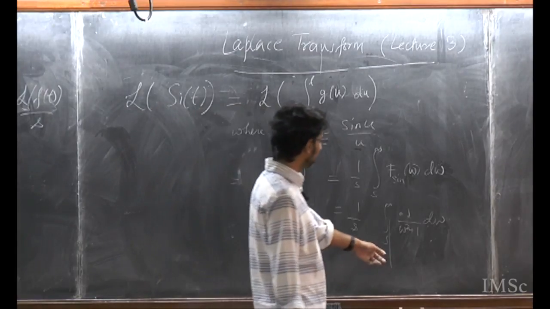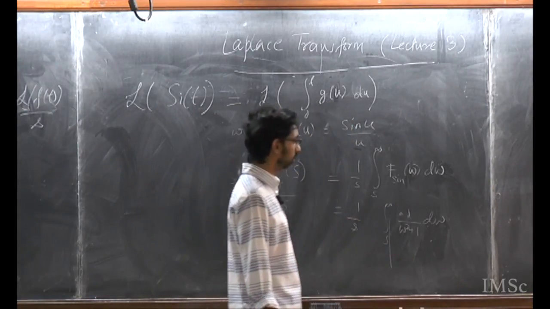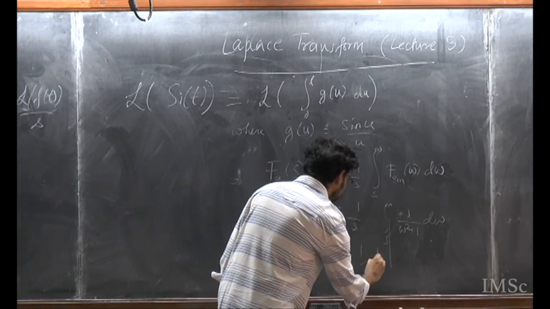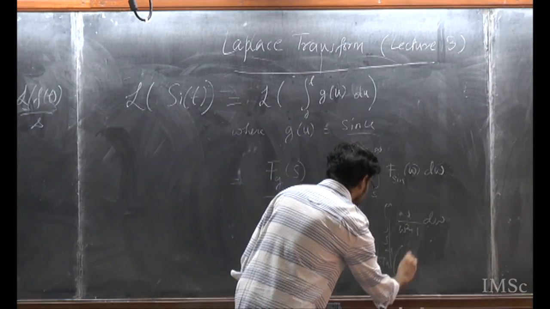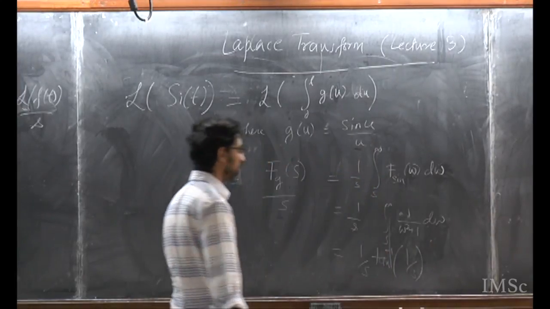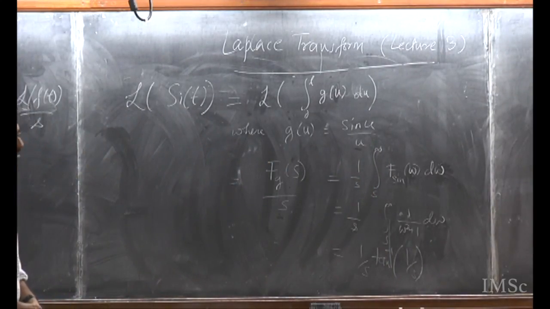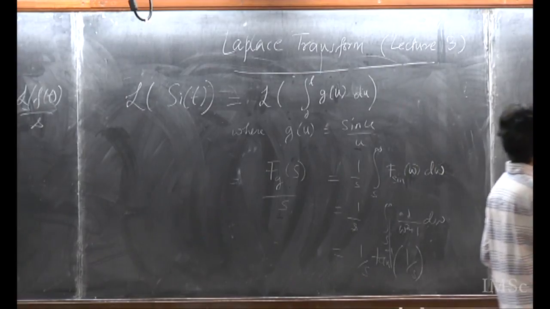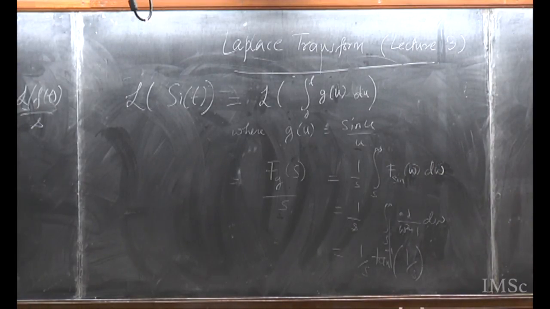And what do you get when you integrate from 0 to infinity? 1 by s tan inverse 1 by s. Okay? So we have computed the Laplace transform of the sine integral. Is it clear? The steps are clear? Okay.